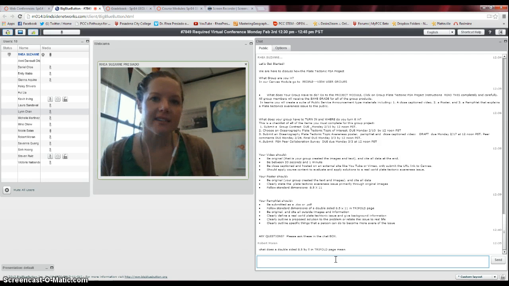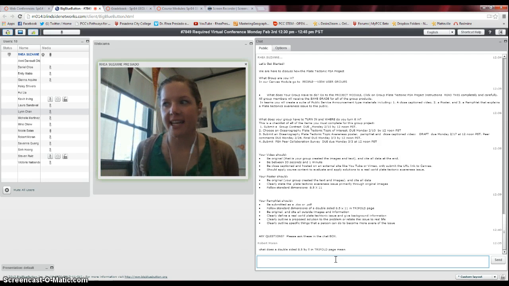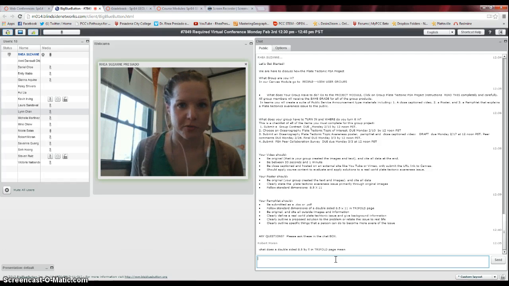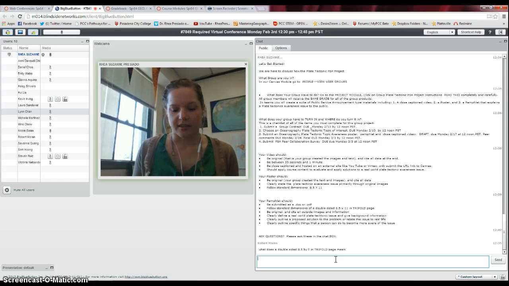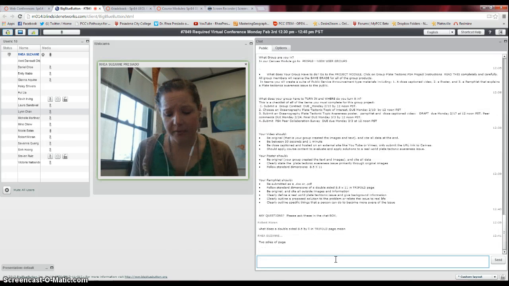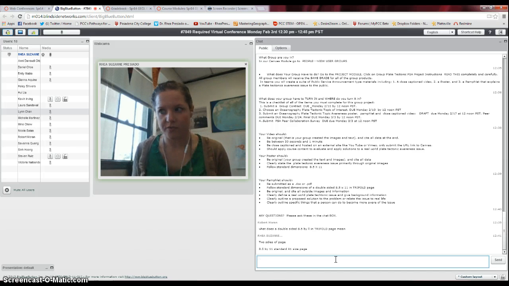So Robert asks, what does double-sided 8.5 by 11 trifold page mean? Double-sided means two sides, right, of a page. 8.5 by 11, that's just a standard page size.